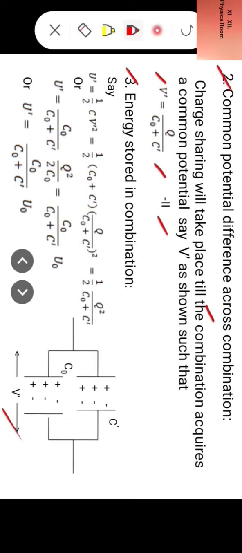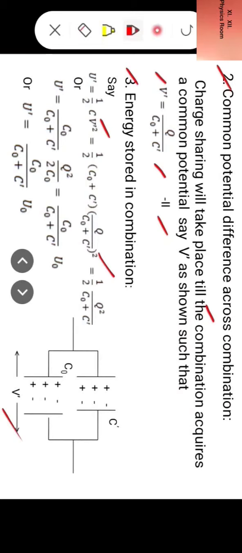3. Energy stored in combination say U dash is equal to half C into V dash square, and it is equal to half C0 plus C dash into Q divided by C0 plus C dash square, because C is equal to C0 plus C dash and V dash is equal to Q by C0 plus C dash.